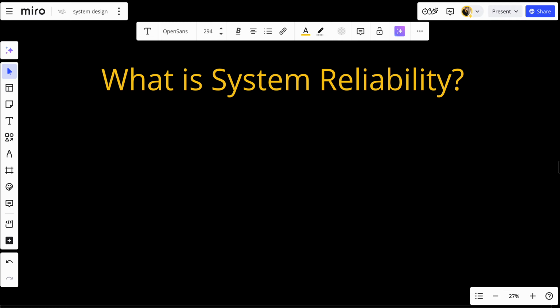First, what is system reliability? Reliability is the ability of a system to function consistently and correctly over time, even under stress or in the face of occasional failures. A reliable system delivers correct responses to requests and recovers from any failures as quickly as possible.